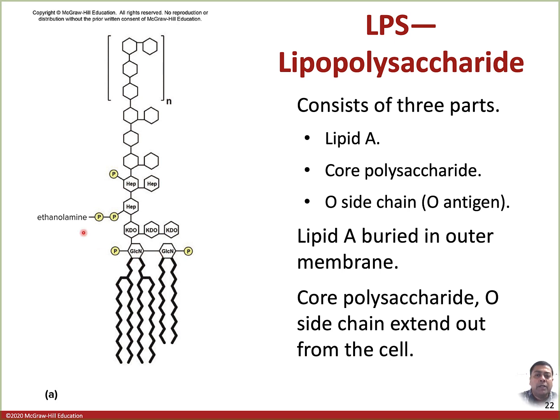Then you have the O side chain of the O antigen. The core polysaccharide and the O side chain extend out from the cell. This is the outer part, and this is the anchor.